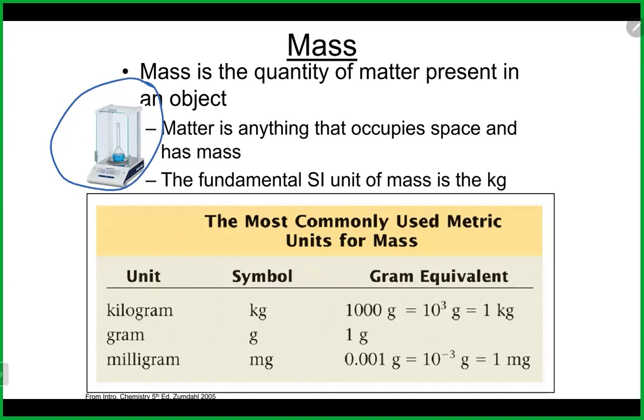These, I think, are 3 big units of mass, common units of mass that you should, again, know how to go between. Kilogram, a gram, and a milligram. There are, again, 1,000 grams in 1 kilogram. There's also 1,000 milligrams in 1 gram.